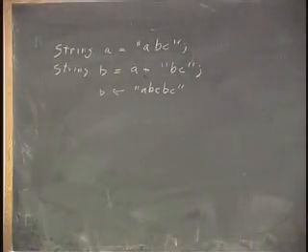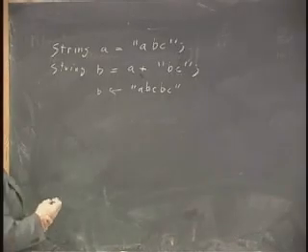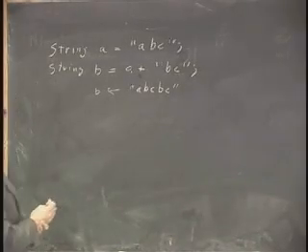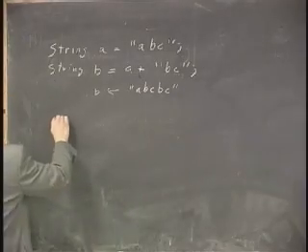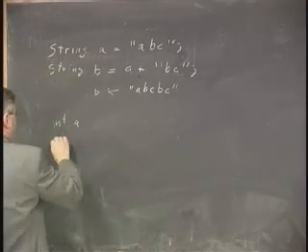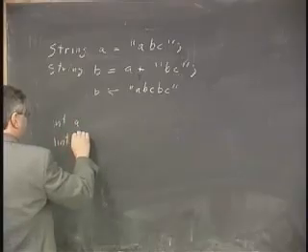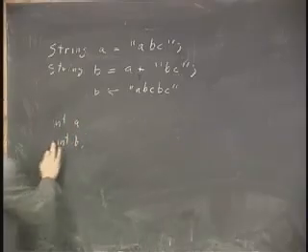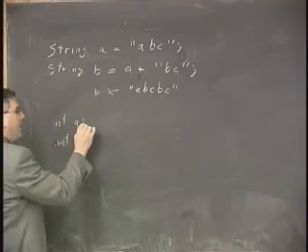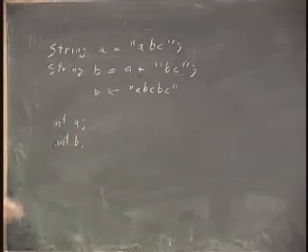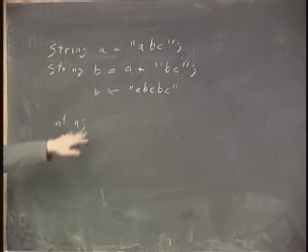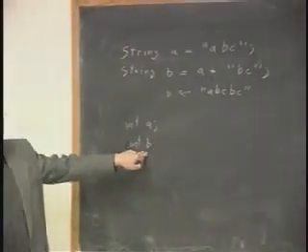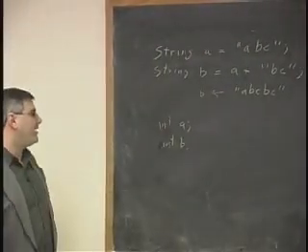String variables start to behave a little differently from our integer variables in that they are reference types. When we had our integer variables, int A, int B, what goes on here is the virtual machine or compiler allocates space for A and puts the number there, allocates the space for B and puts the number there.